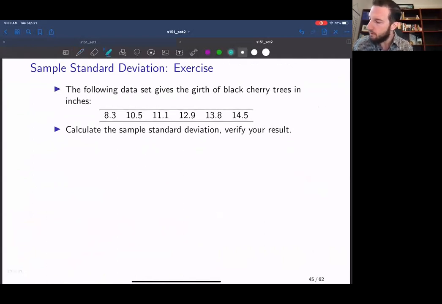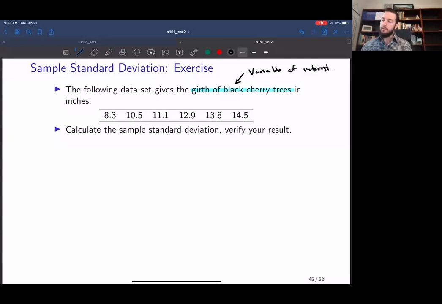All right, so as a reminder here, this is going to be the variable. We are measuring the girth of black cherry trees. We have 6 observations.